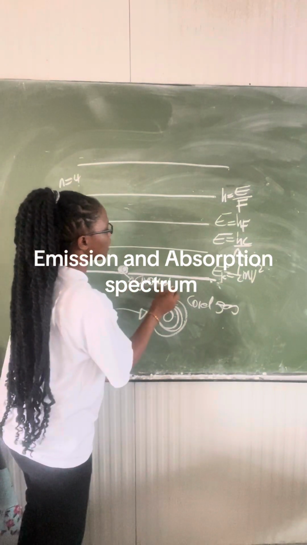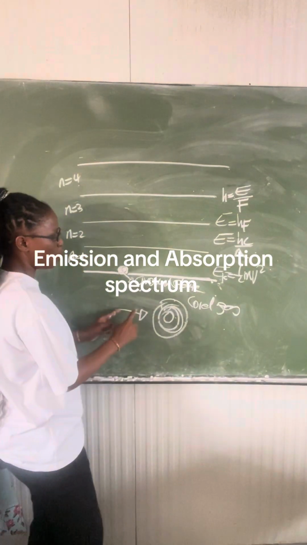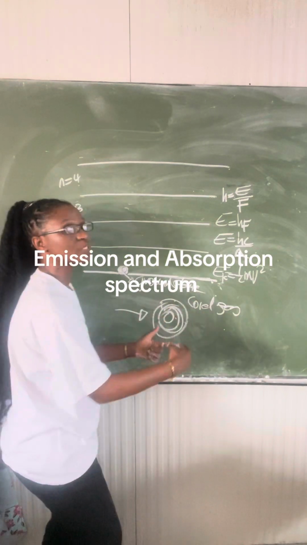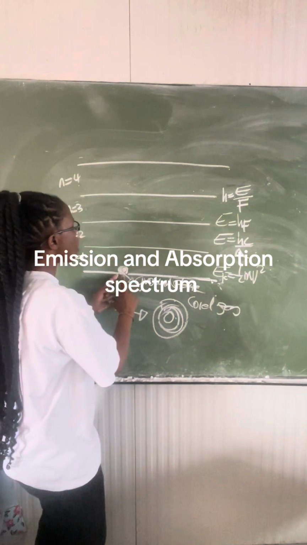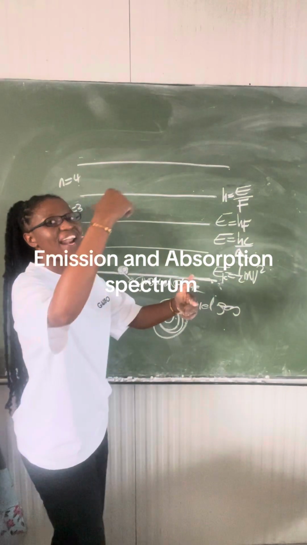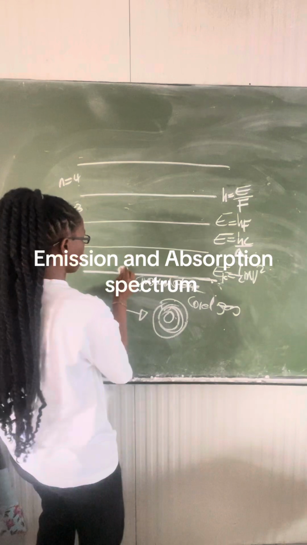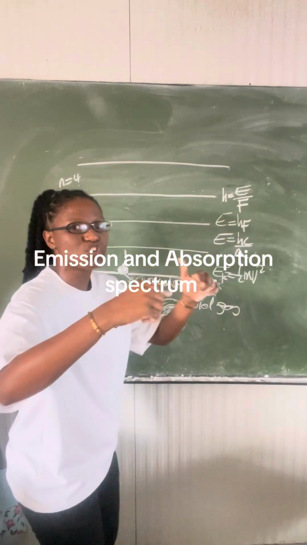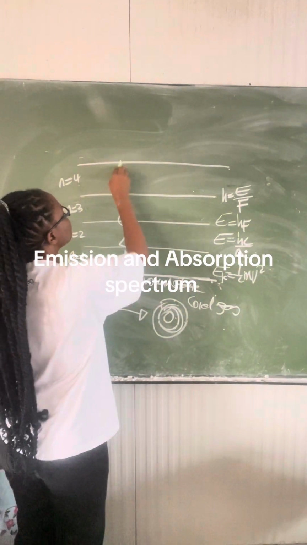Immediately when the light rays strike this cold gas, the electrons gain energy, and they start to jump from one energy level to another. The electron moves from the ground state, which is the lowest energy level, up until it reaches the highest energy level.